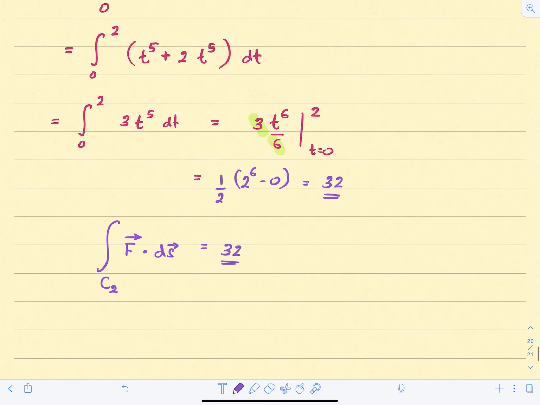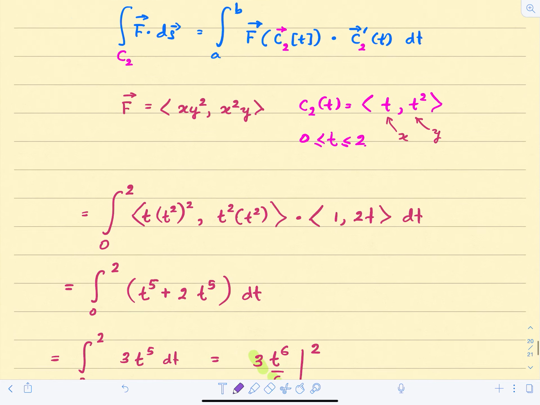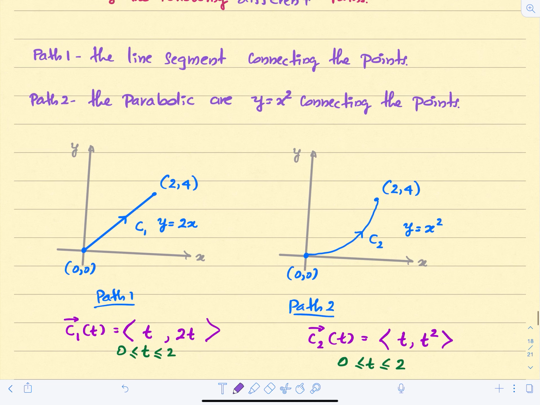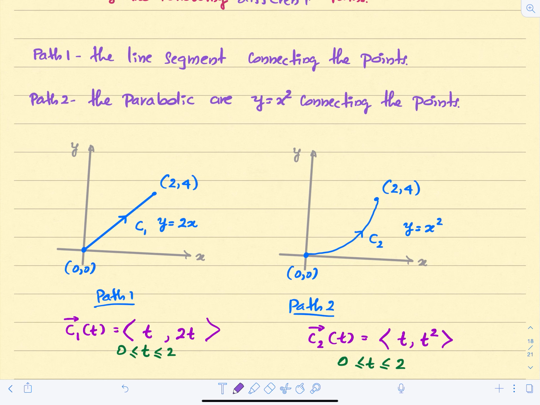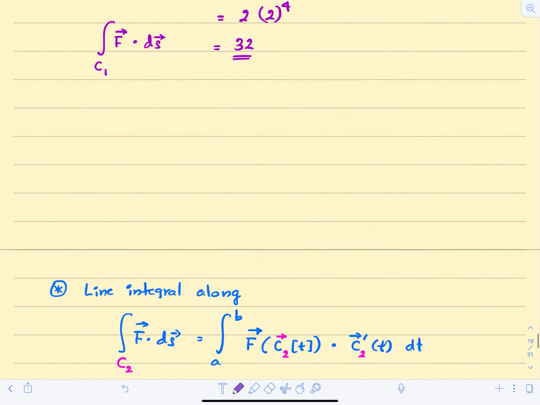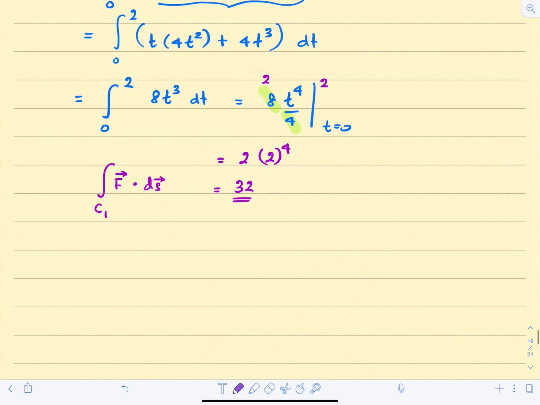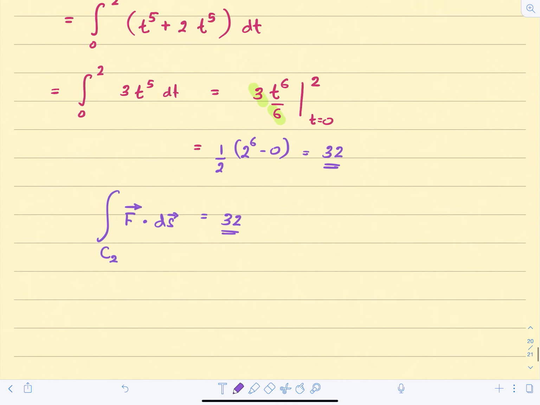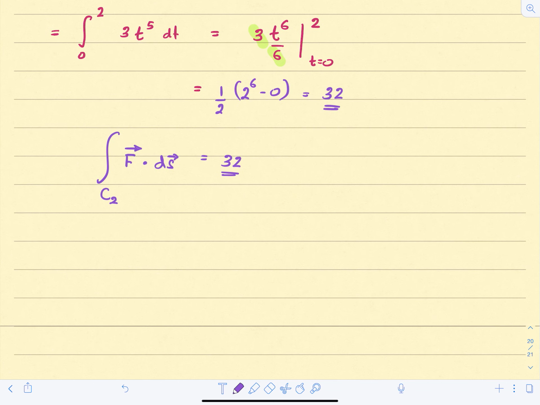Okay, now let's go back to the problem. What we did was calculate the line integral of a vector field along two different paths, but these two paths have the same initial and final points, and our calculation shows that the line integral over these two paths gives the same value, which equals 32.